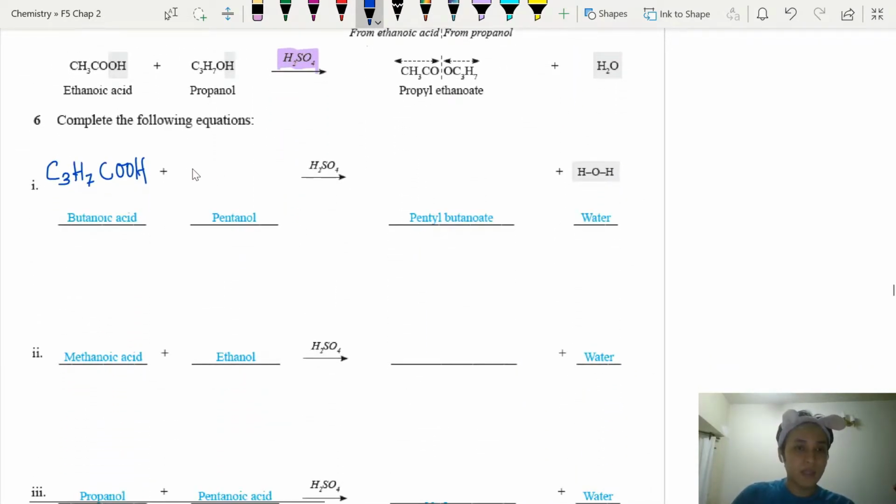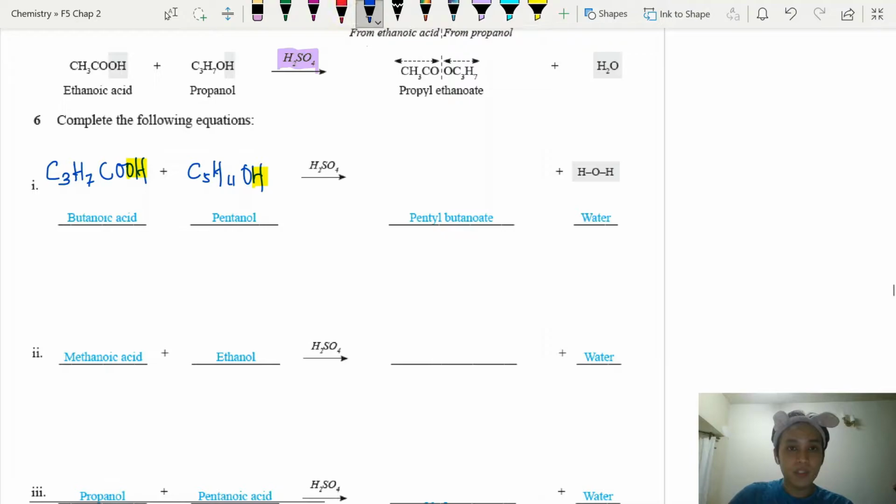Pentanol, a 5 carbon alcohol. So you have C5H11OH. Remember the general formula for your alcohol. Now remember, the acid will provide the hydroxyl, the alcohol will provide the hydrogen. So technically, you are just taking this part and combining it to this part.